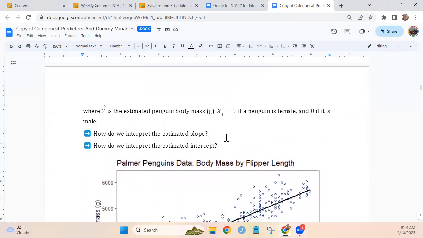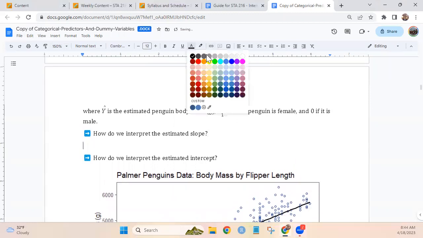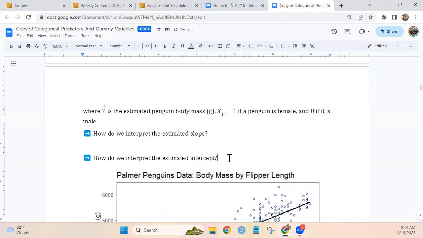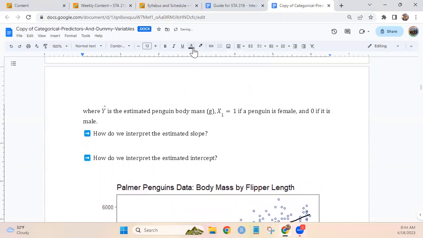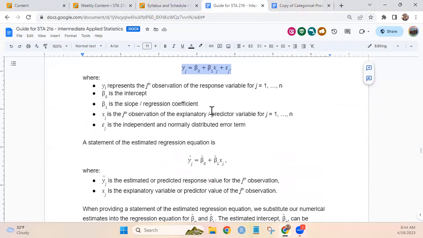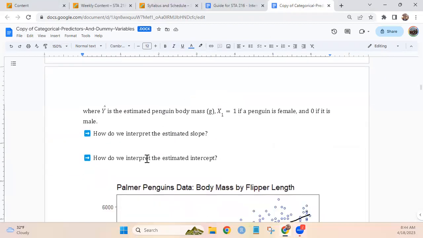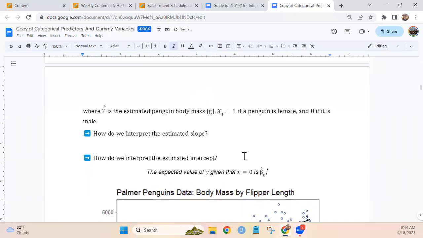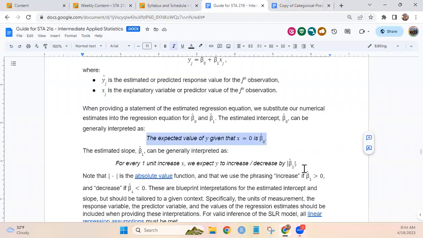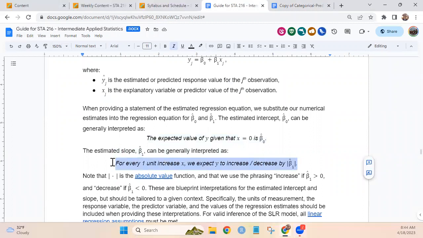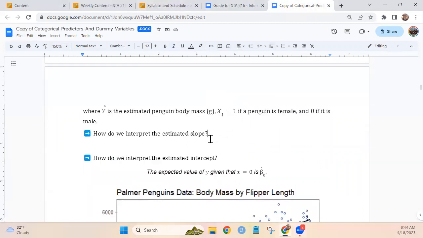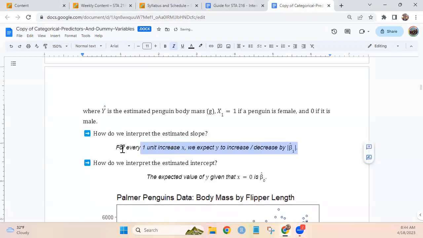Okay, we end up with these numbers, and then we've seen how we can interpret the intercept and slope. For the intercept, there's our blueprint interpretation, and for the slope, we have this blueprint interpretation.